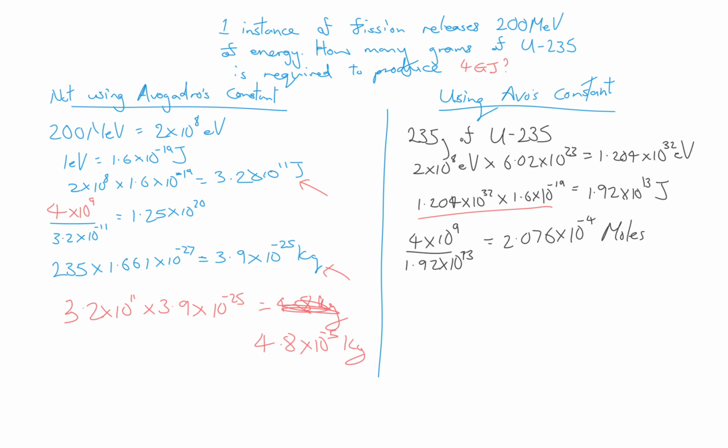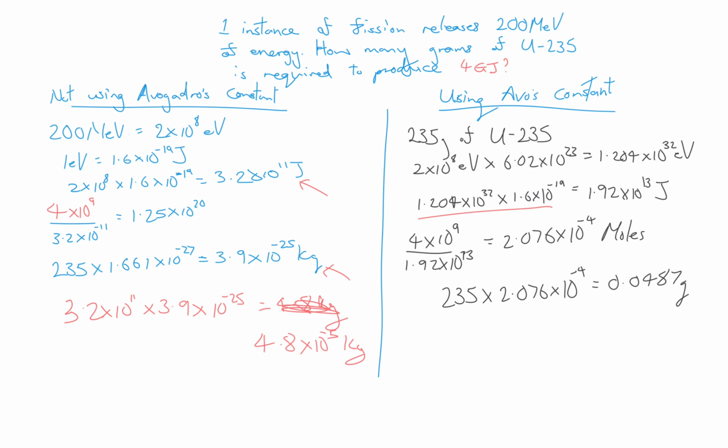1 mole weighs 235 grams, so 235 grams multiplied by 2.076 times 10 to the minus 4. And that's going to give us the value in grams. So that's 0.0487 grams.